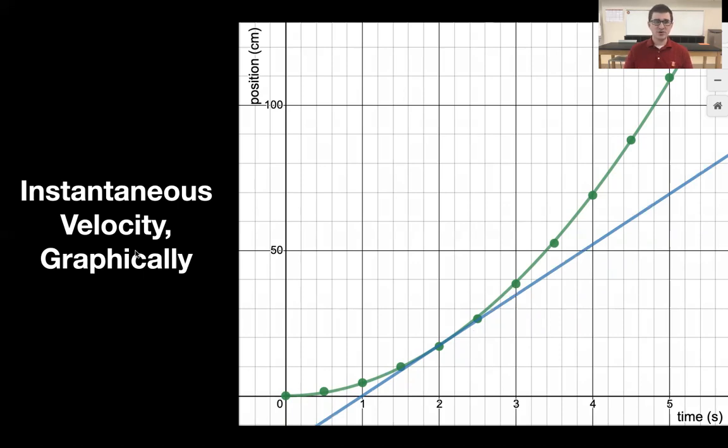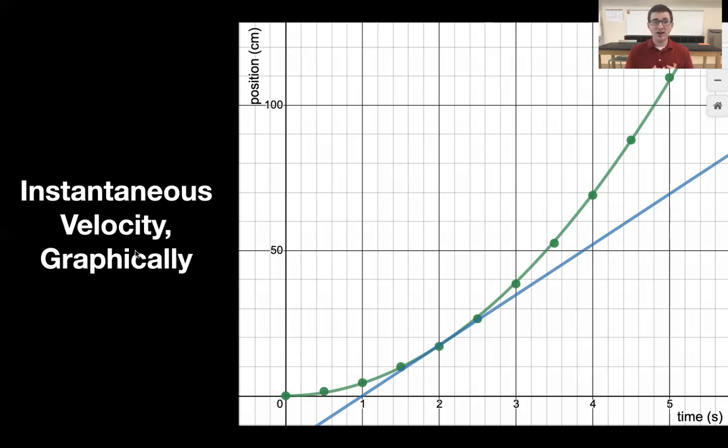So then what we can do is we can go in and draw a bunch of tangent lines every second or every half second and find the slope of all those tangent lines, which will give us a bunch of instantaneous velocities. Now, this is a long and tedious way to do it because we have to draw a bunch of tangent lines. And it's not the most accurate because we might mess up the drawing of our tangent line.